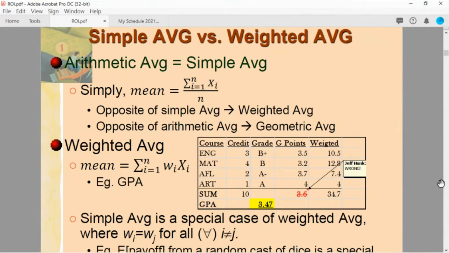But this is what you do when there is no time dimension between the data points. So for example, if I want to take the average height of the people in this class, what would I do? I will measure the heights of everyone in this class. There will be 25 people, and I add up all the numbers and divide by 25.